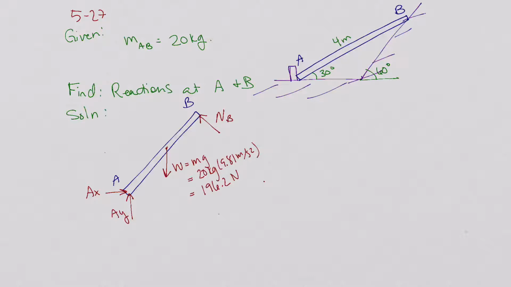And let's see, we know a little bit about the dimensions. We know the weight's going to be in the center of the bar, so 2 meters, 2 meters. What else do we know?